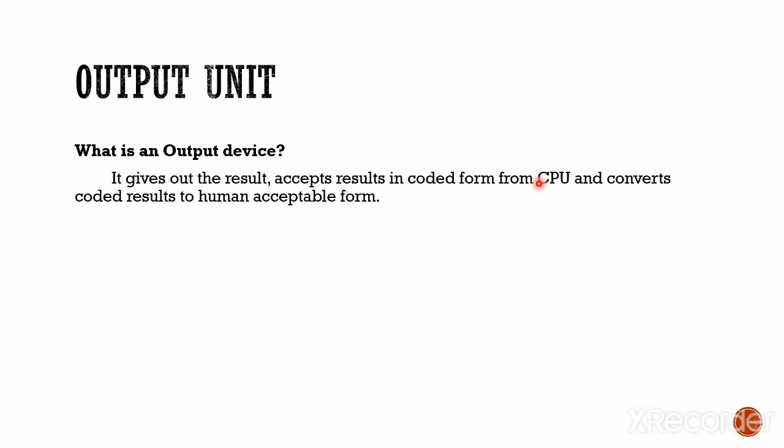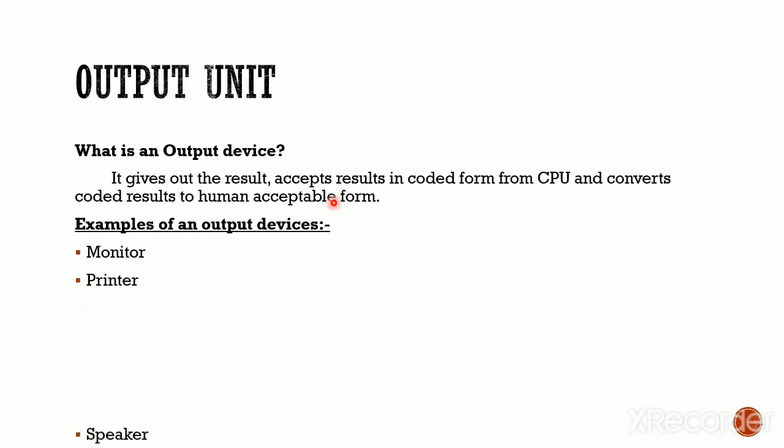But when I look at the monitor, it has to display only LEARN space WITH space AHAVA. The computer understands in bits, combinations of zeros and ones for the alphabets, but it has to be displayed in human acceptable form. Examples of output devices: monitor, printer, speaker, plotter, etc.